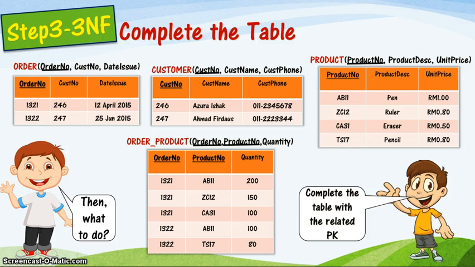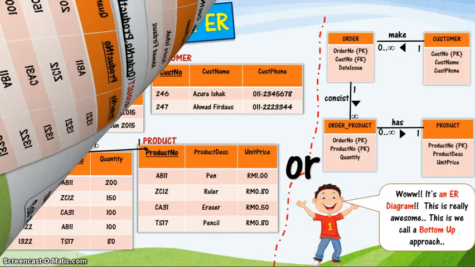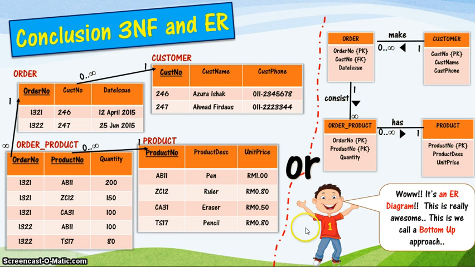Alright, next, after completing the table, 3NF is actually completed, and I can conclude that 3NF and ER are related. What's the relation of 3NF and ER? How is it related? If you look at here, the order relates with the customer table based on customer number.